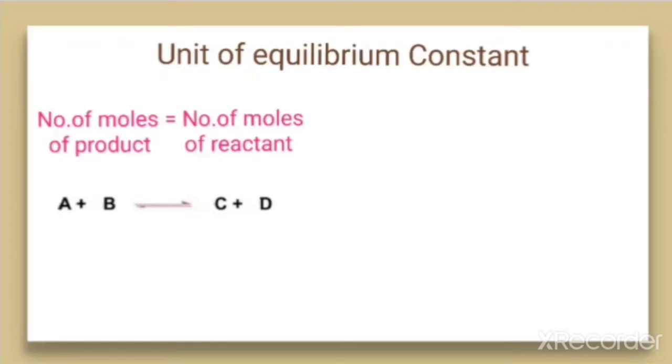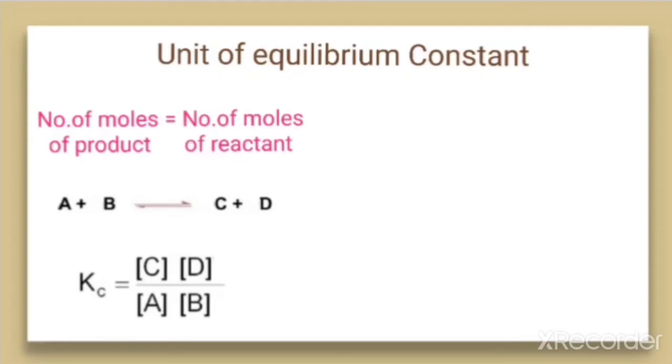In such a case, the value of Kc will be written in this way: concentration of C into concentration of D divided by concentration of A into concentration of B.